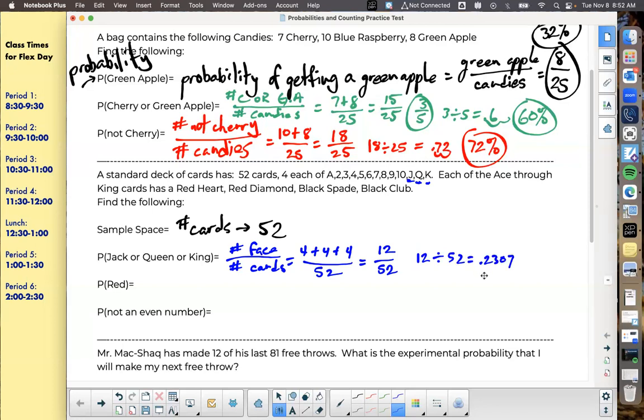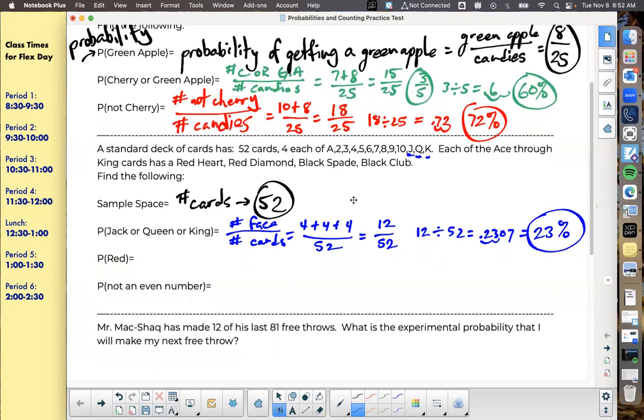Now, we were going to round to the nearest whole number percent. So when I move this over 2 spots, it's going to be 23.07%. And that 0 means that I'm just going to keep it as 23%.